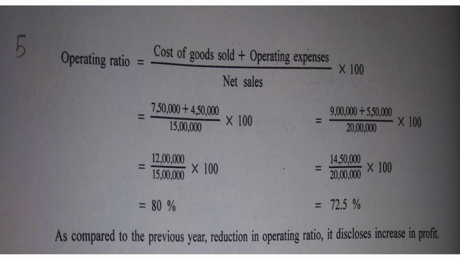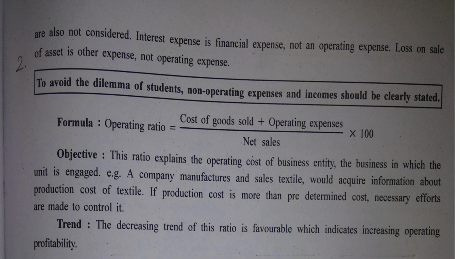Operating ratio is calculated on the basis of operating expenses. So the decreasing trend of this ratio discloses an increase in profit because it shows reduction in expenses. You will also understand once you read this theory. The decreasing trend is favorable.